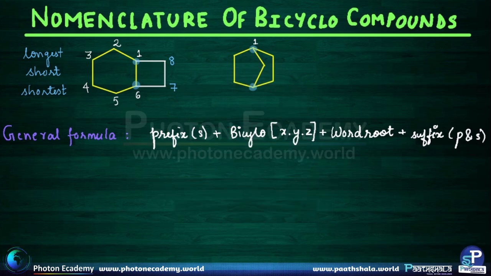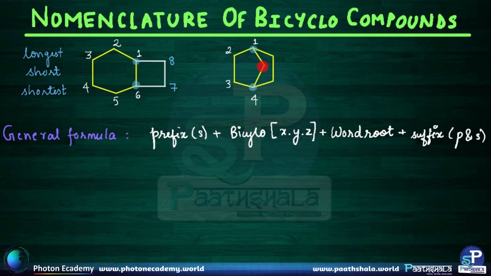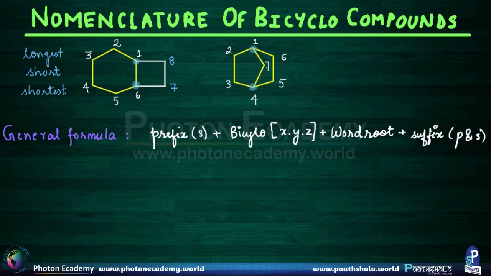It's up to you because the compound is symmetrical, so it won't make any difference. I'll number this as 2, then this as 3, and then the carbon as 4. Now I won't take this carbon as my fifth carbon because once the longest chain is numbered, I should number the short chain. So I'll number over here 5 and 6, and then we give preference to the shortest chain, so I'll number 7 over here.